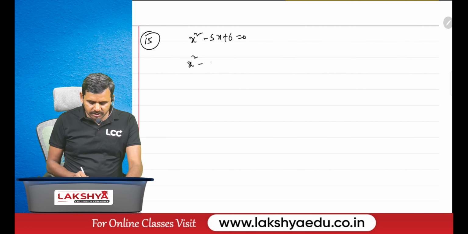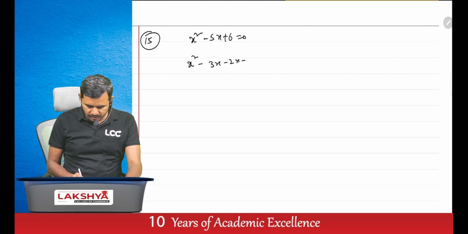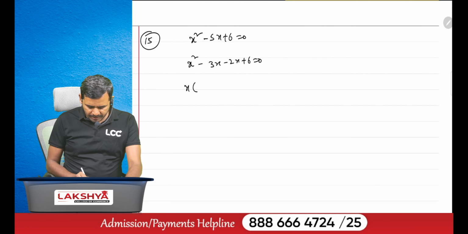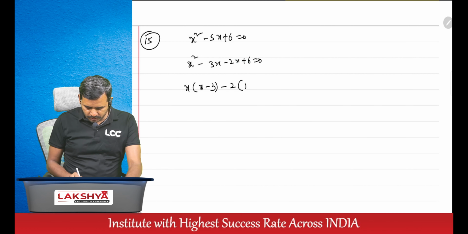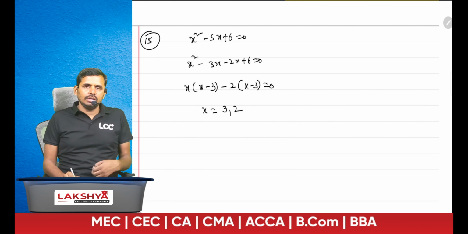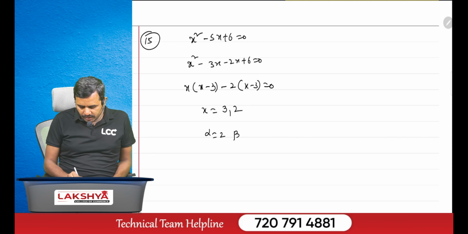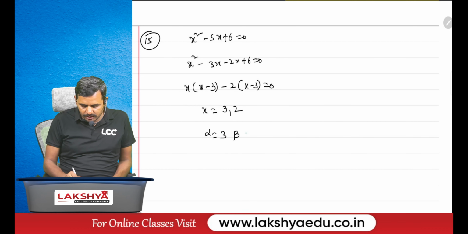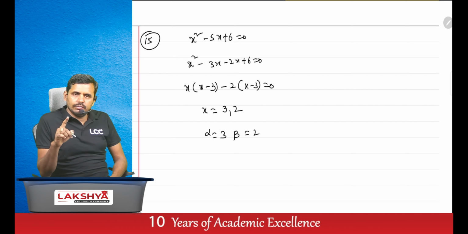First of all, factorize this. X square minus 3x minus 2x plus 6 is equal to 0. X is common, x minus 3, minus 2 is common, x minus 3 equal to 0. Therefore, x is equal to 3 comma 2. Alpha is 3 and beta is 2, because they clearly mention that the largest root is alpha and the smallest root is beta.